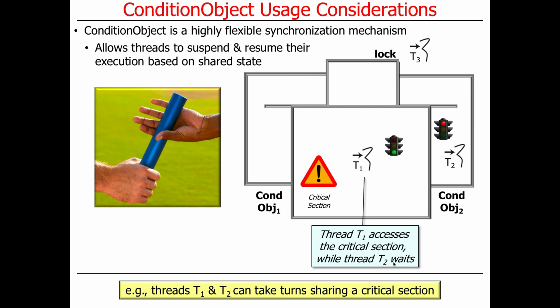So for example, we can have threads T1 and T2 take turns sharing a critical section. So in this example, T2 is blocked on a condition object. T1 accesses the critical section, does its thing, and then it goes ahead and waits, and that allows T2 to start running, right? So you can take turns going back and forth. You're kind of passing the baton on and off.